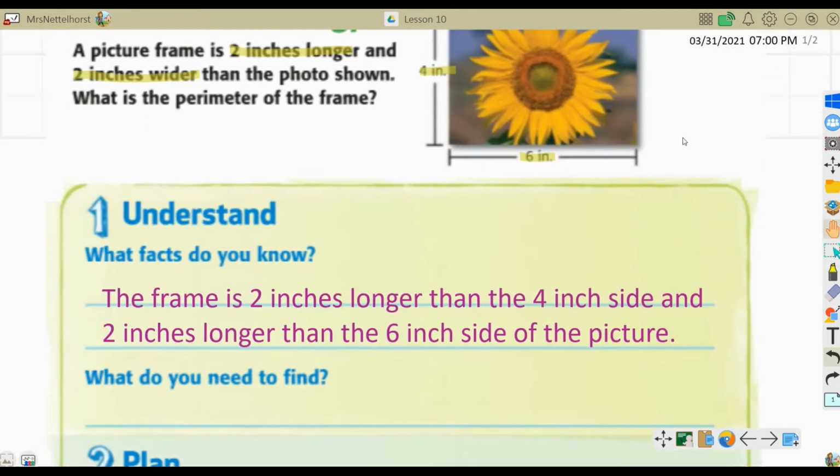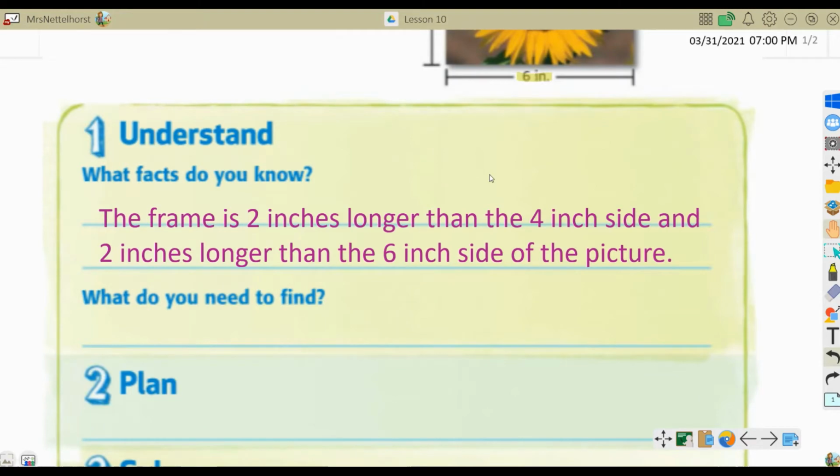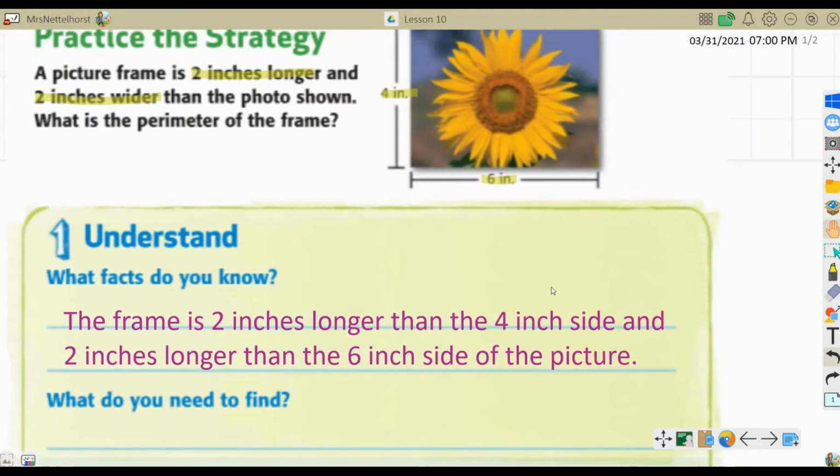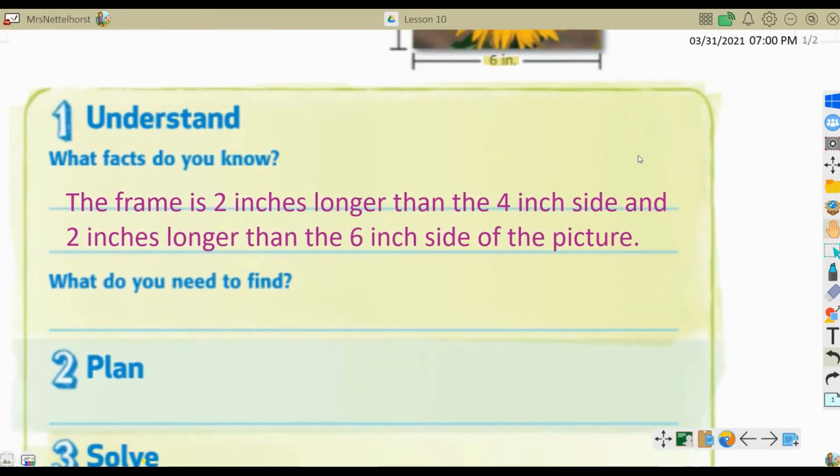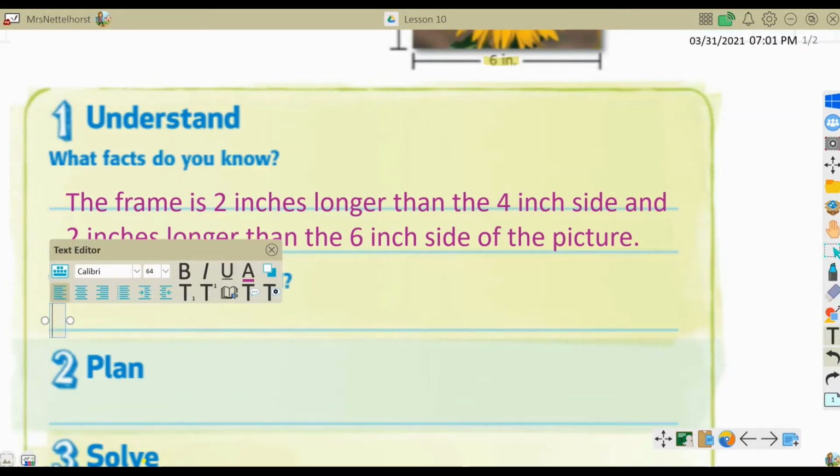Okay, let's scroll down and see what we can do with that. Oh, what do we need to find? Well, we need to find the perimeter of the frame, and we can highlight that to help us. We need to know the perimeter of the frame. So we'll type that down here. I need to know the perimeter of the frame.